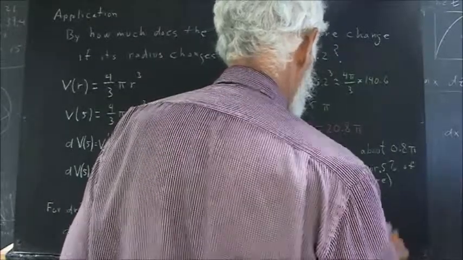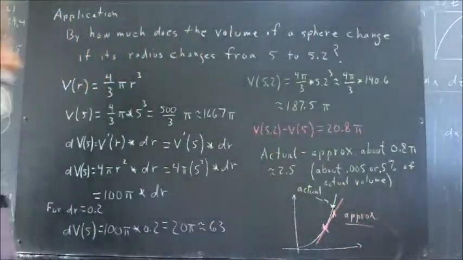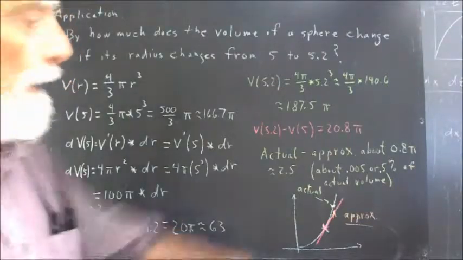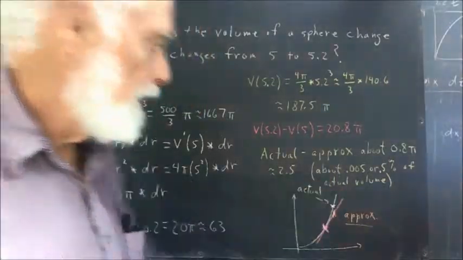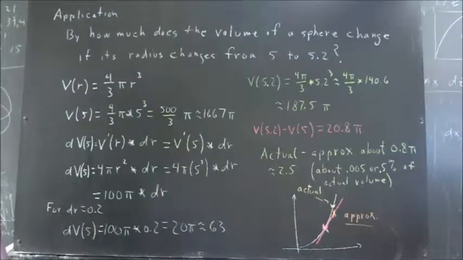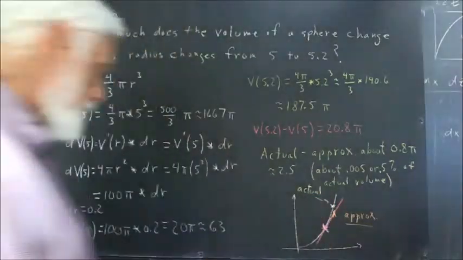The approximate value follows the straight line, where we're just multiplying this rate of change by the change in r. Okay, the actual is going to be above the approximate.